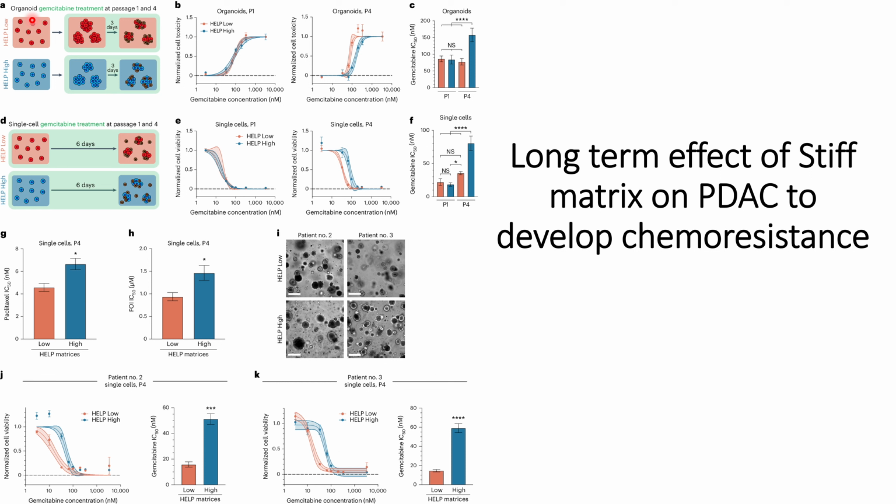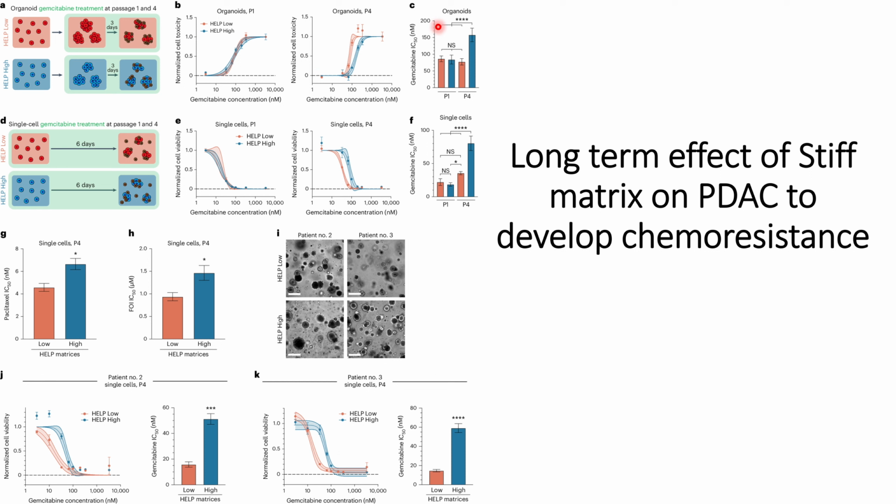They checked the development of chemoresistance at one passage and at four passages. In the one passage, they do not see too much difference between HELP low and HELP high. However, in the fourth passage, they see a difference between the chemoresistance developed in the HELP low matrices and in the HELP high matrices.